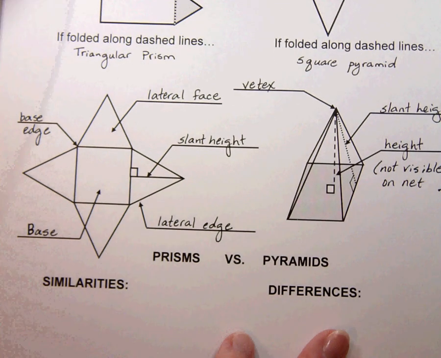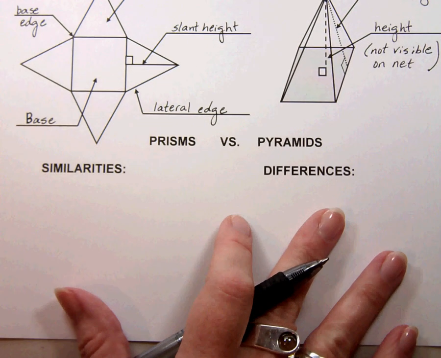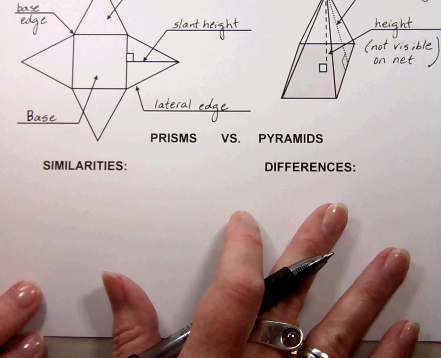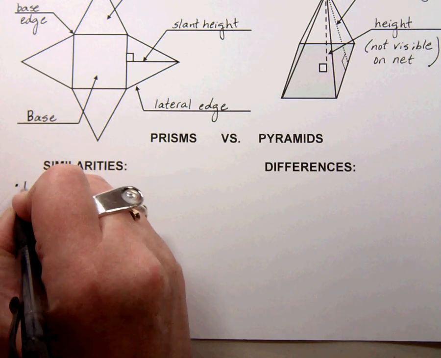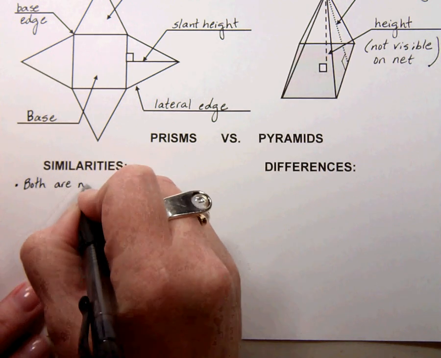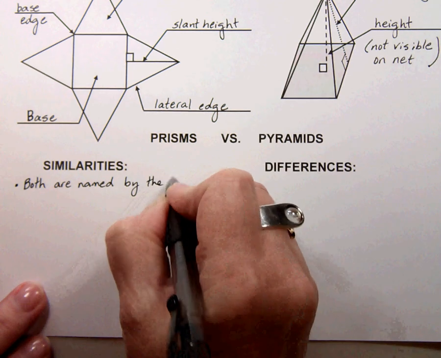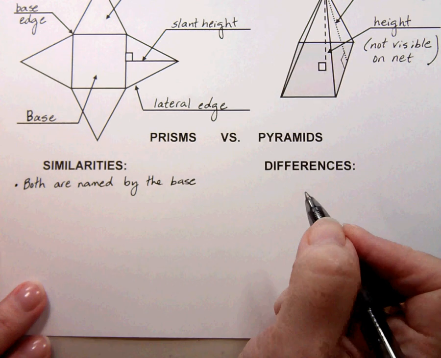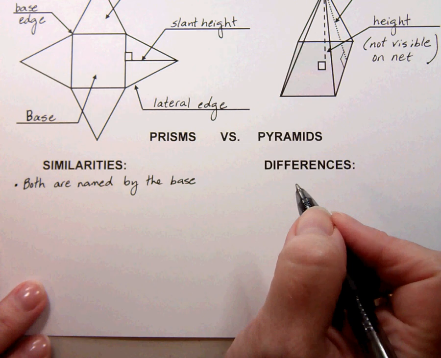Okay, let's add some similarities of prisms and pyramids. When you name a prism or a pyramid, you name them by their bases. So let's put that as our first little bullet. Both are named by the base, whatever the shape is. On this page, that first one had a triangle for its base, so that's why it was named a triangular prism.